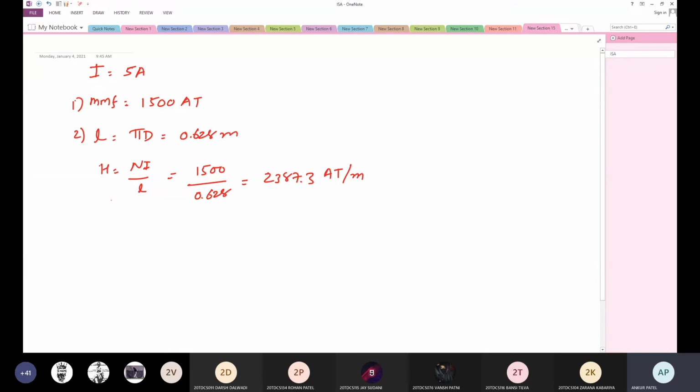Okay. Third one is asking reluctance. So reluctance S is equal to L upon mu 0 mu r into A. Area is given or not?